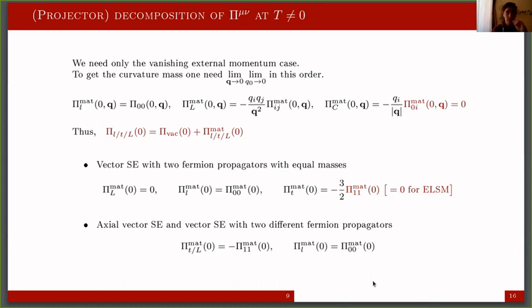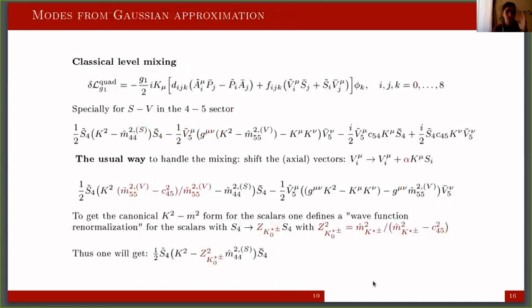That's nice, but as I said, there is still a problem: we have mixing between the scalars, vectors, axial vectors and pseudoscalars in the tree-level curvature masses. One can get rid of it in the usual way, by shifting the vectors with a term proportional to the scalars.